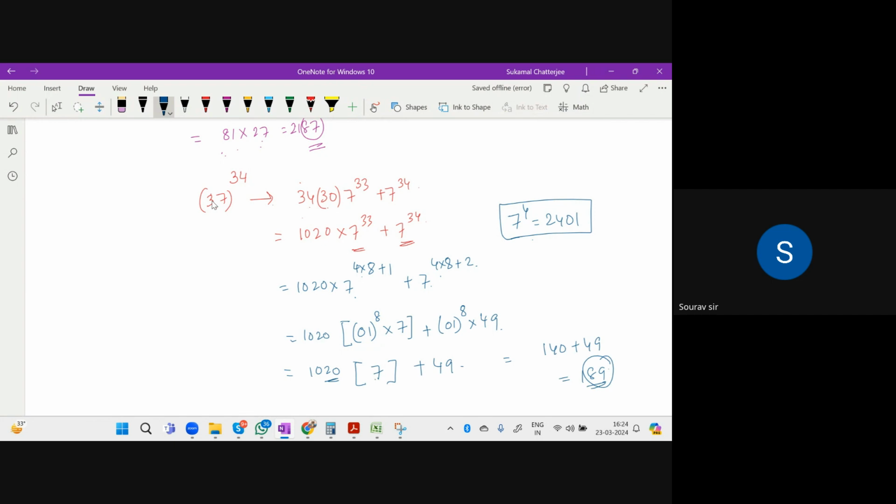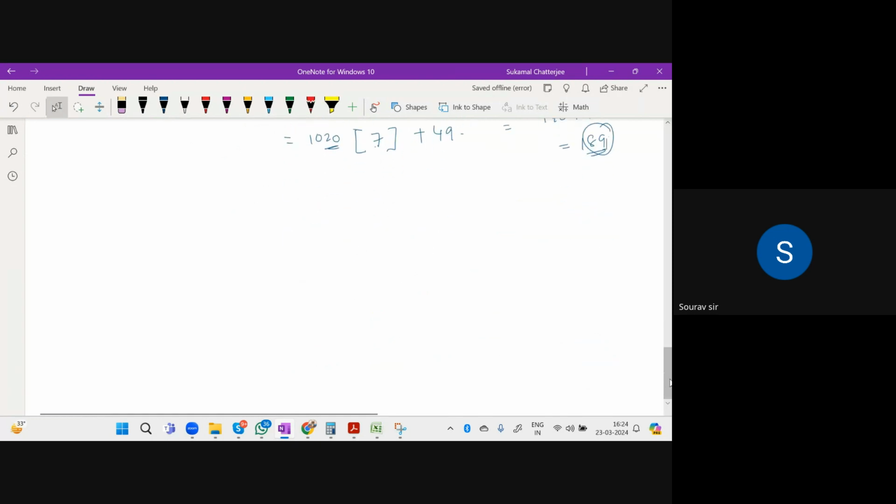Clear? Yes, sir. Okay. So we did numbers ending with 1, numbers ending with 3, numbers ending with 7. Now you should be able to understand that numbers ending with 9 will be just a cakewalk. 29 to the power 36.